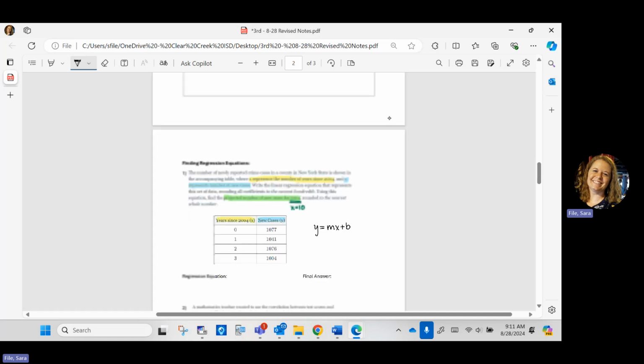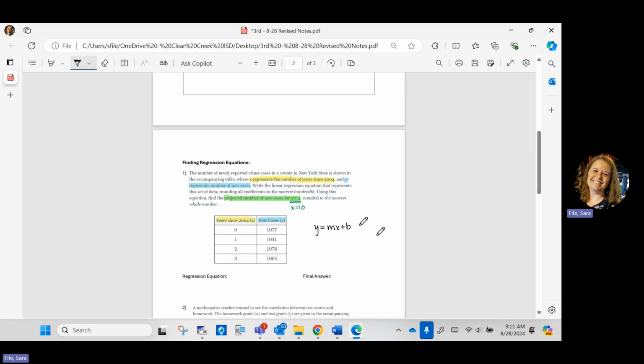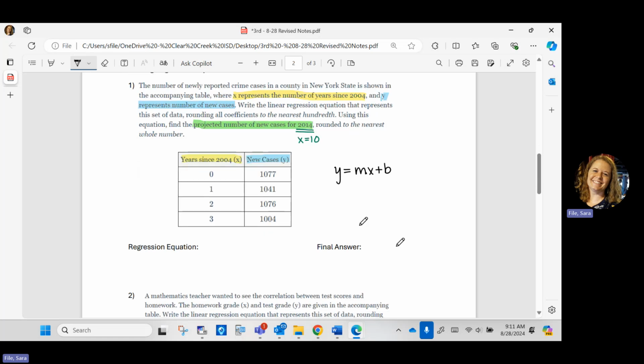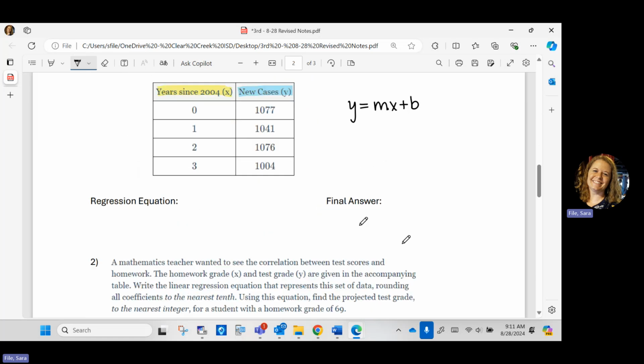And we have to remember what m and b stand for. What is the m? M is the slope, good. And b is the y-intercept, very good. So I have to remember those things before I can come up with my equation.